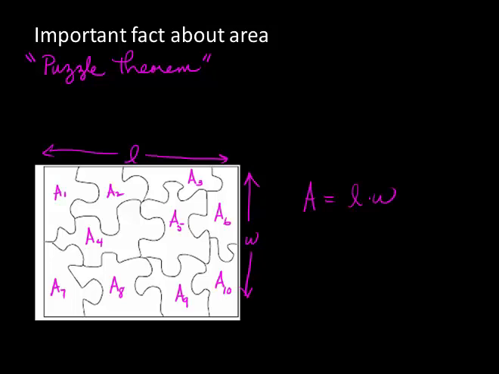But we also know that we could say that the area is the sum of the areas of the 10 little puzzle pieces. I just labeled each area as A1 through A10. There's 10 pieces to the puzzle. Now, we don't have a formula for those, but let's just say we knew them. We know that the area, the length times the width, could also be calculated by adding A1 and A2 and so on up to A10.